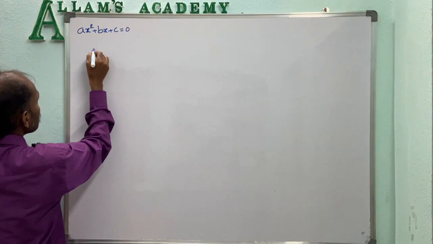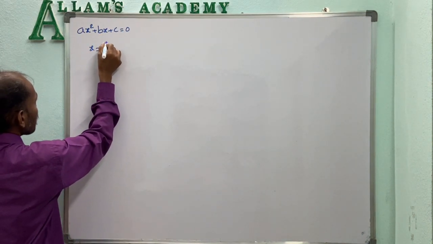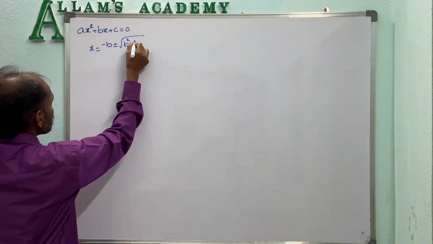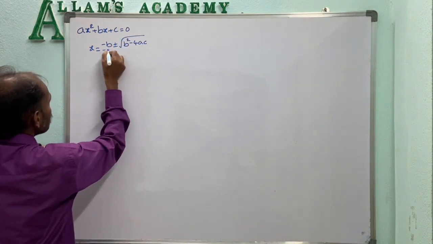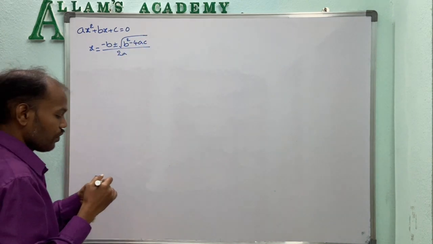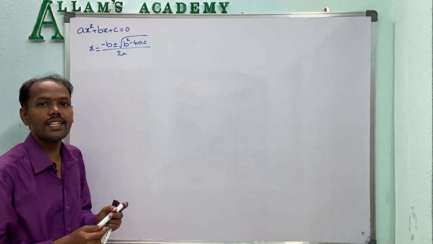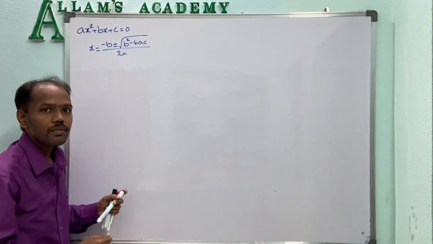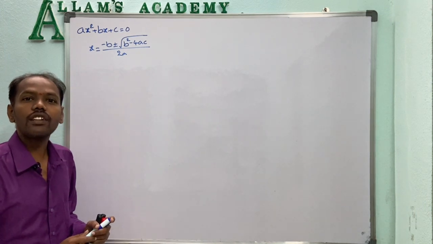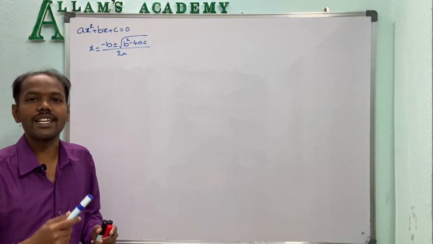by that method x equal to minus b plus or minus under root b square minus 4ac by 2a. Now here if b square minus 4ac is less than 0, what happened? Under root of a negative number, the square root of a negative number is not there.